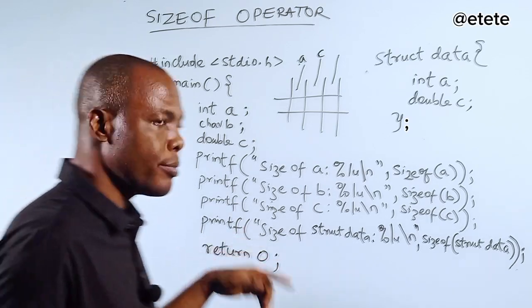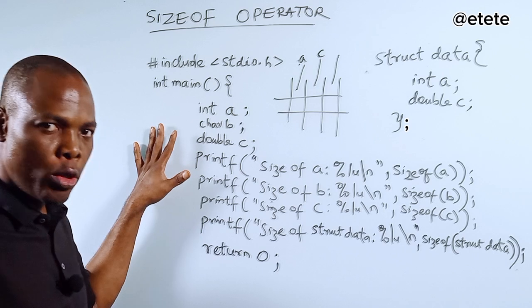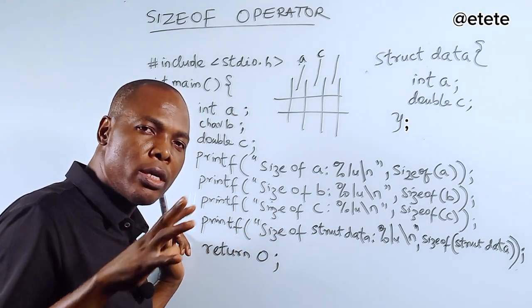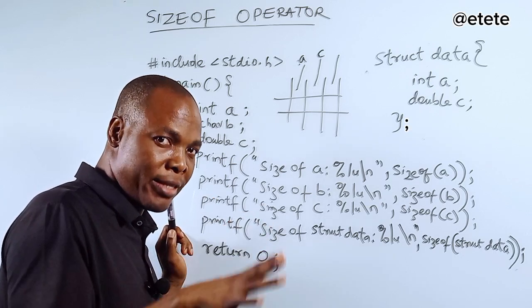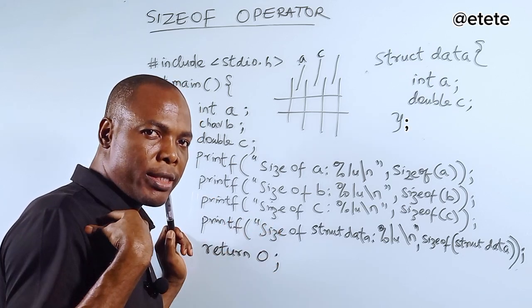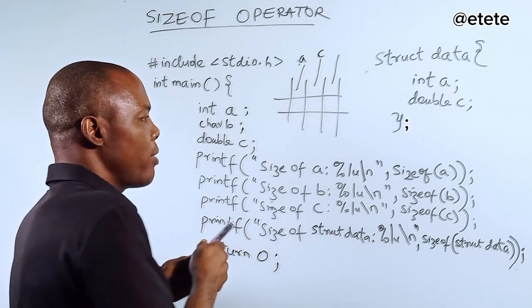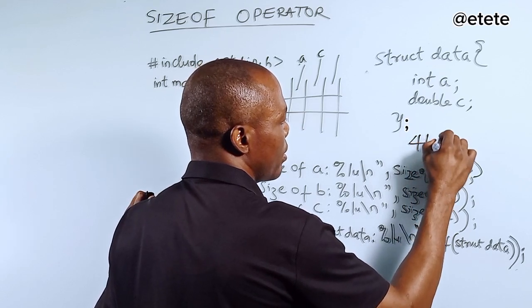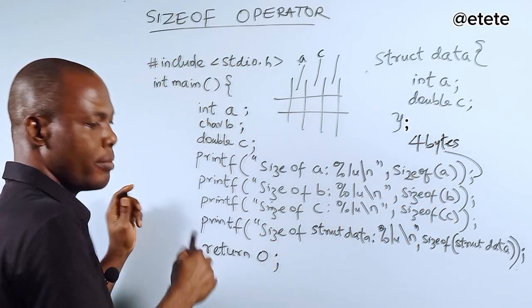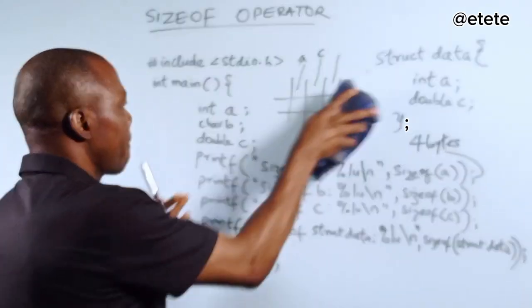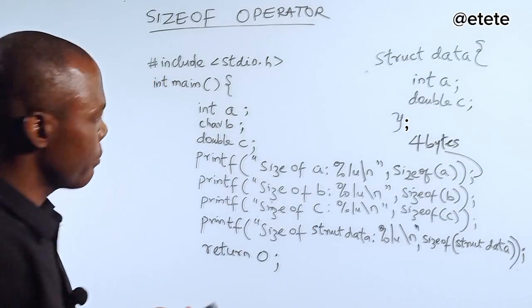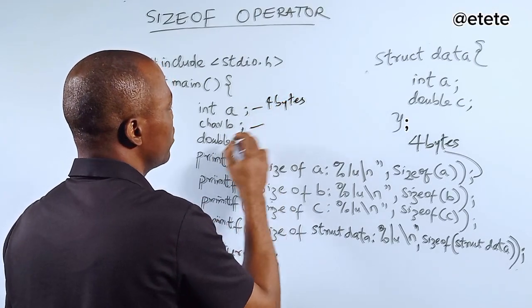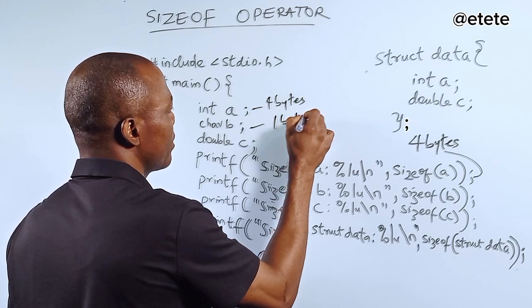When I run this on my Code::Blocks, what do you think the value of this will be? Now, the value of integer depends on the structure of that system, right? For my own system, I'm using a 64-bit system. Now, this integer will give me 4 bytes. This one will give me 1 byte, right?